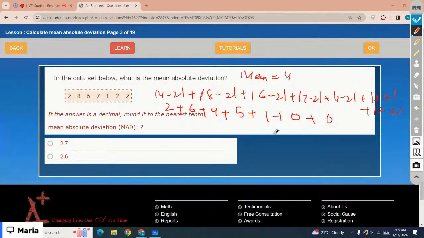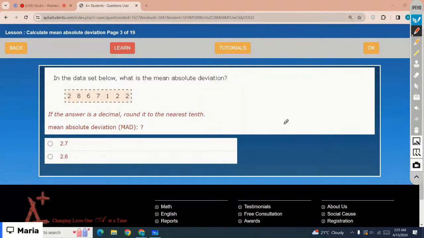So simply add them, that is 18. And 18 divided by 7 is 2.6. The correct option is 2.6.